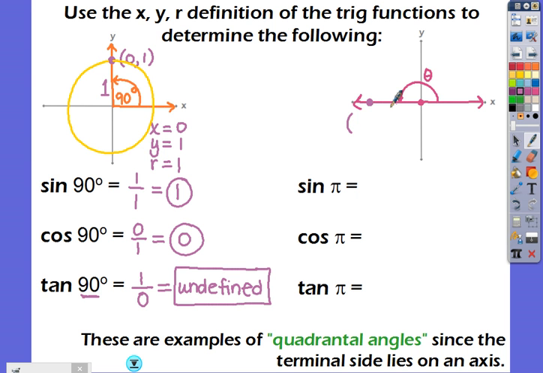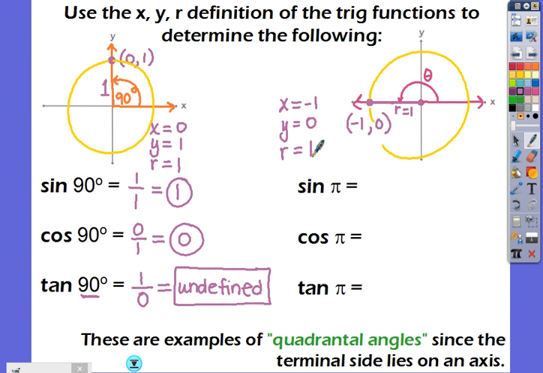This one's going to be negative something, 0. You can pick any something you want. I'm going to pick negative 1, I always do. If you picture that circle, again, it's just a unit circle, and the radius from the center to that point is just 1. So we've got an x value, a y value, and a radius.